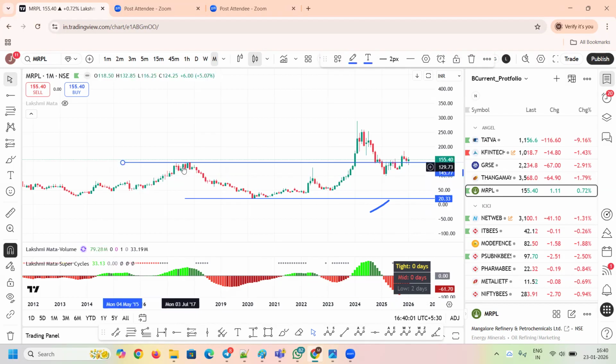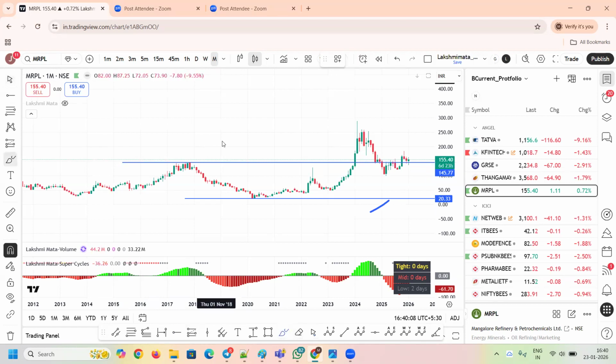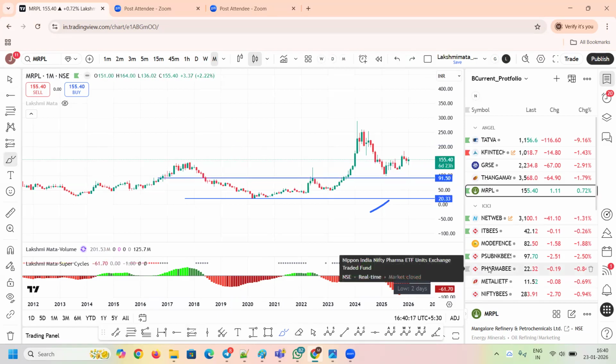So this stock is struggling to move up here. It is called resistance. This one is the resistance line. This is the support line and this is the resistance line. Is this clear?